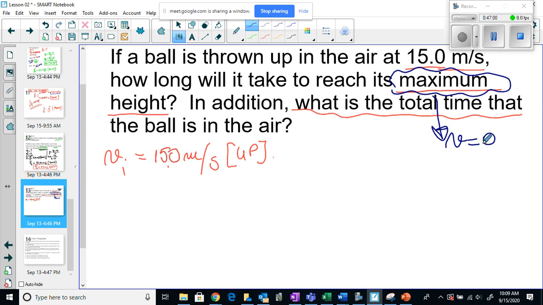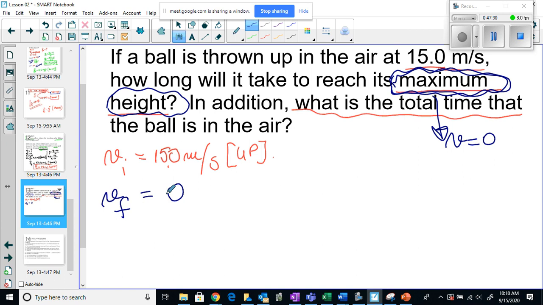If you are stopping, then velocity is equal to 0. If you are going up and you are reaching the maximum, the velocity is equal to 0. So this is what you have to keep in mind when you see this expression.